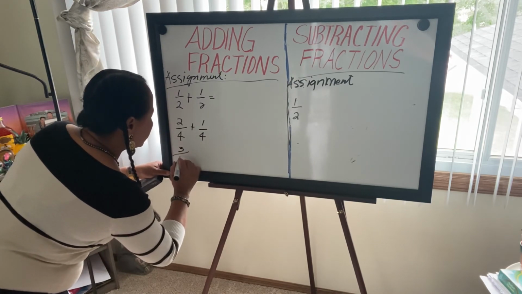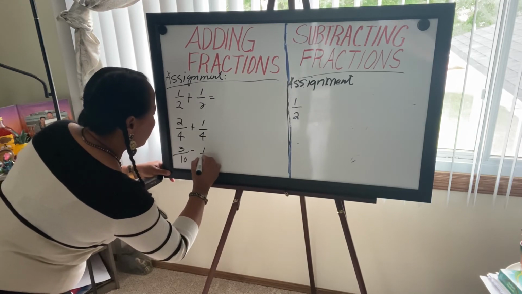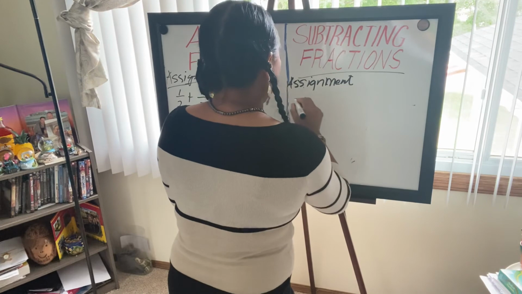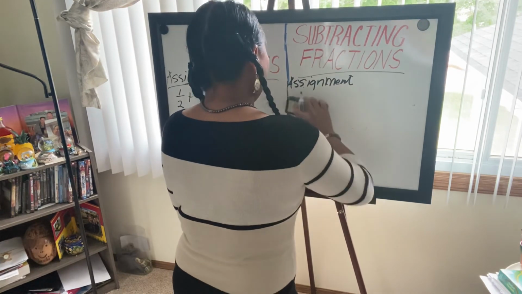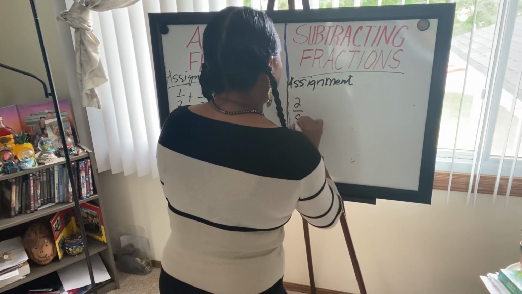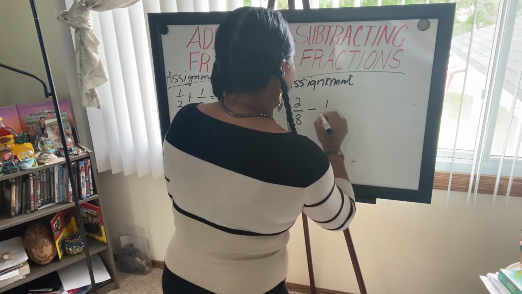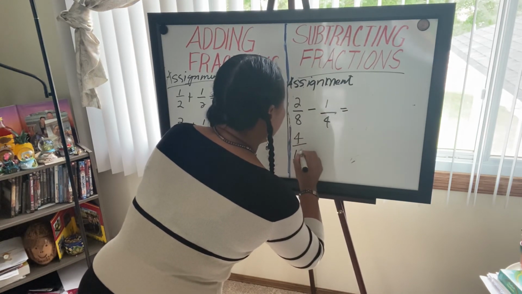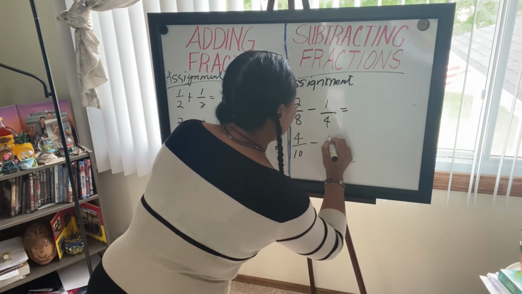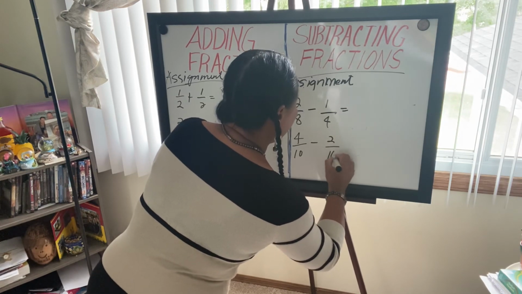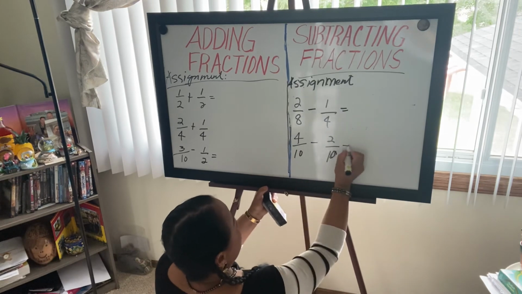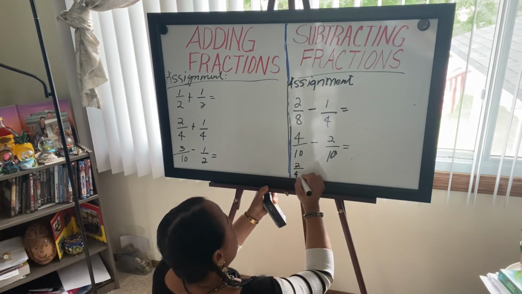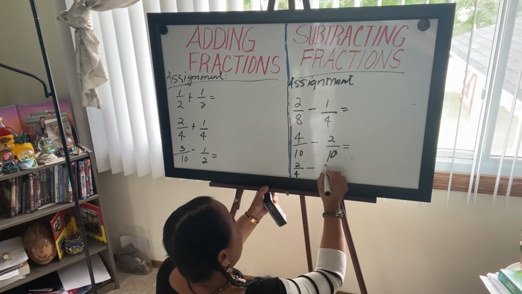Then 3 over 10 minus 1 over 2. Three samples, 3 assignments. 2 over 4 minus 1 over 4.